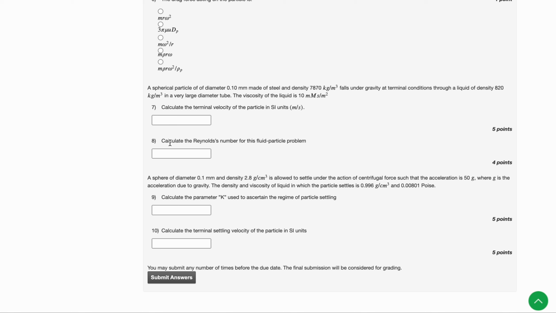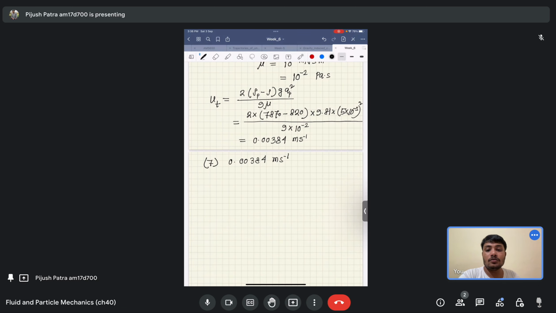Okay, but the next question says calculate the Reynolds number of this fluid particle problem. So Reynolds number, you can calculate based on the fluid velocity and the characteristic length scale of the problem, and it depends on the density of the fluid and the dynamic viscosity of the fluid, or simply the kinematic viscosity of the fluid.